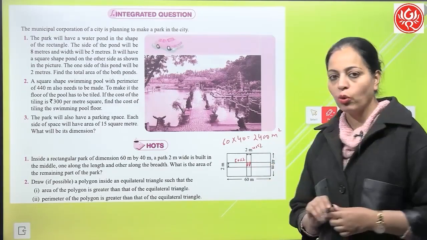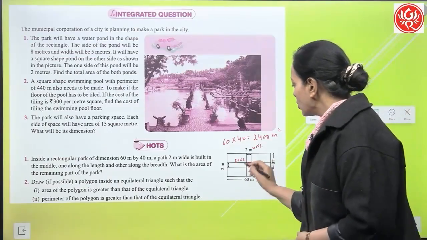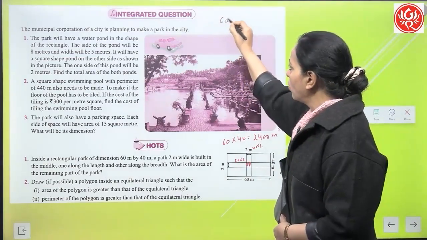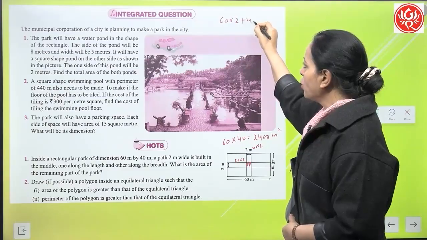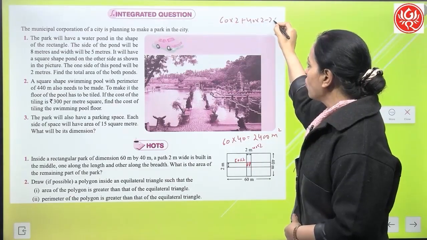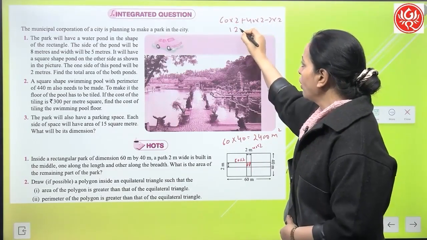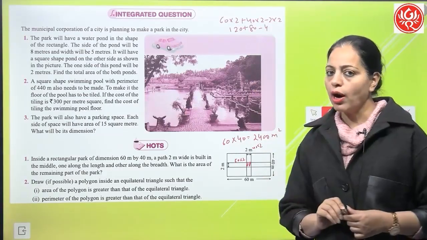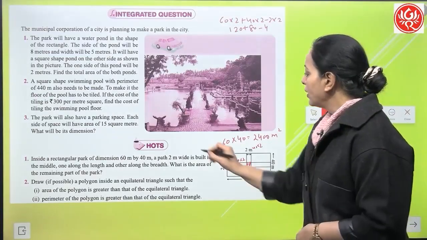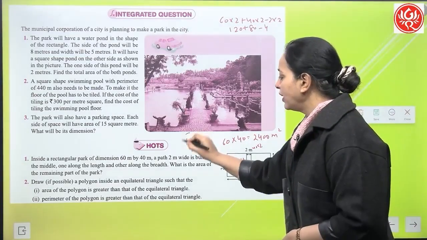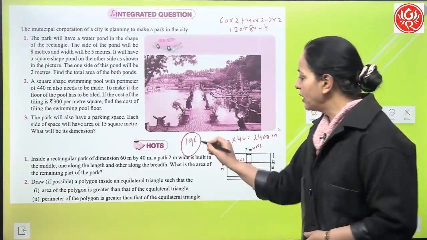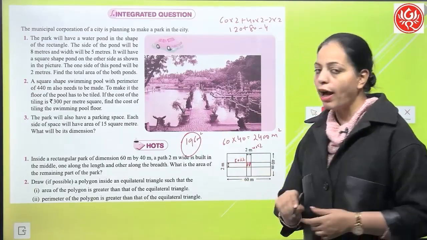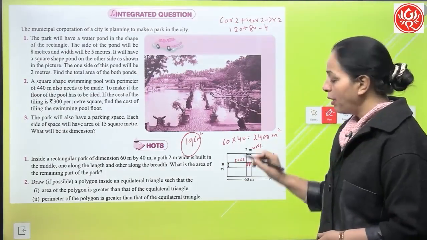It is becoming a square. इसको minus कर देंगे. So 60 into 2 plus 40 into 2 minus 2 into 2. So 120 plus 80 minus 4. So 200 minus 4, that is 196 meters square.